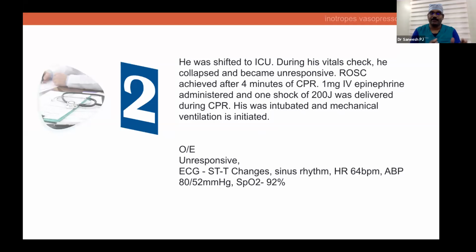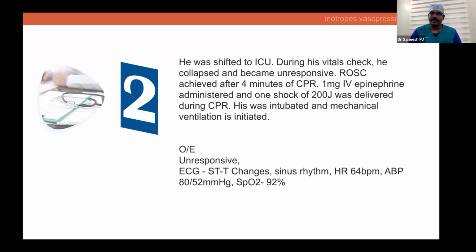He was shifted to ICU for observation, but during his vitals check, he collapsed and became unresponsive. ROSC, return of spontaneous circulation, was achieved after 4 minutes of CPR, with 1 milligram of epinephrine administered and 1 shock of 200 joules delivered during CPR.